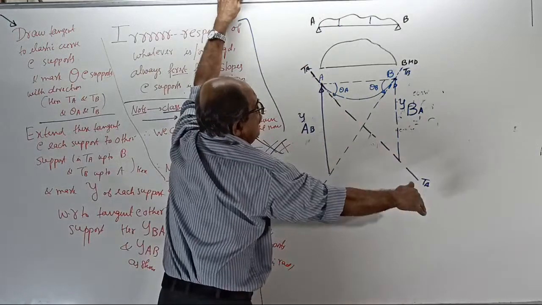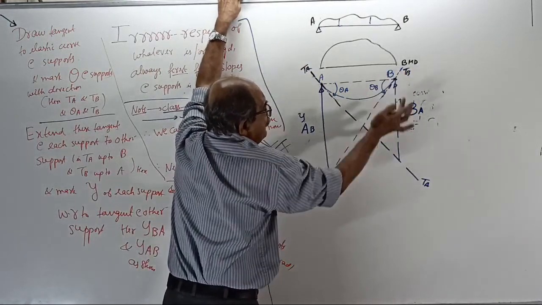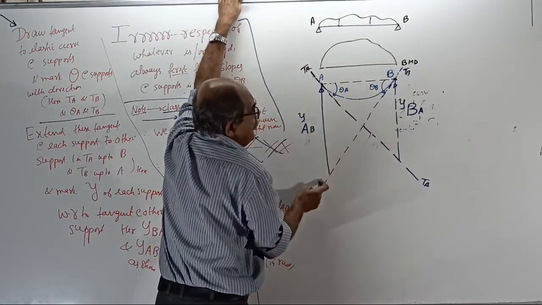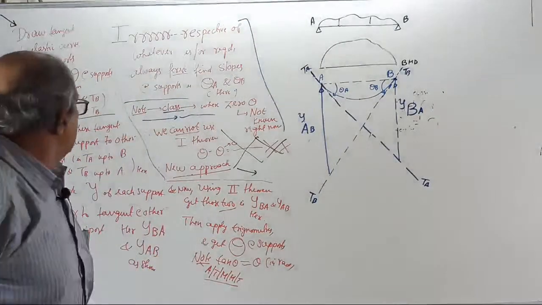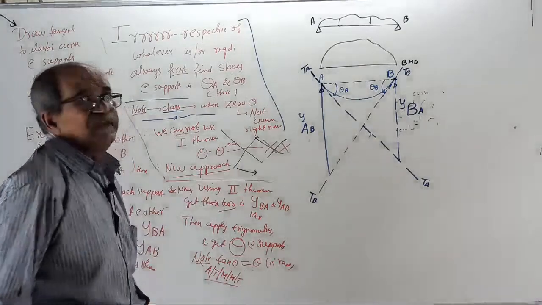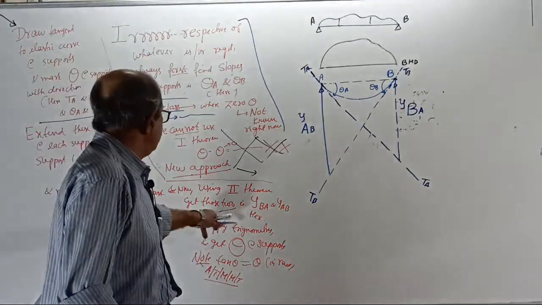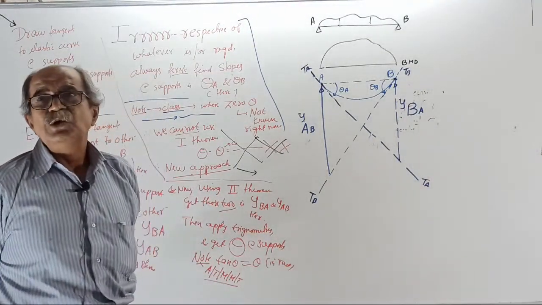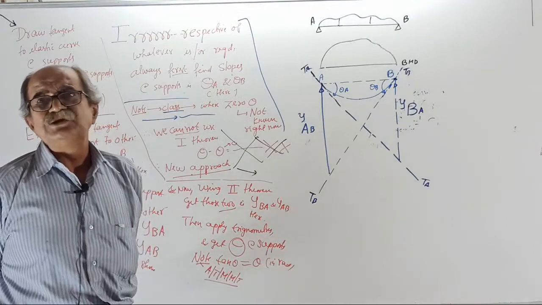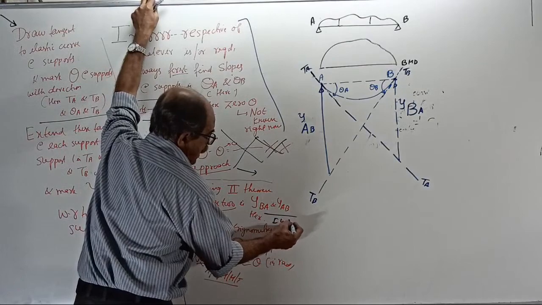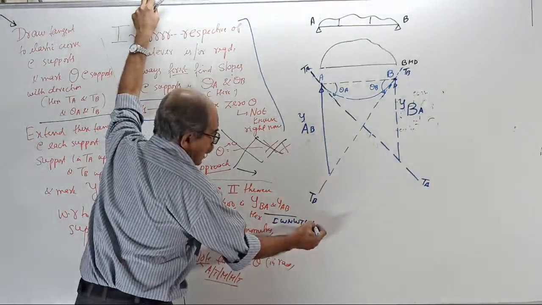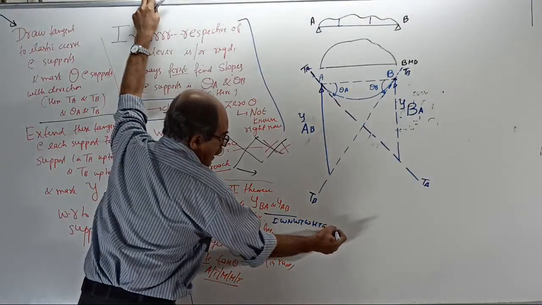Tangent at A extended, that is Y of B with respect to A; this is Y of A with respect to B, tangent at B. This much clear? Okay. Now, using second theorem, get these two values. No problem. I will not waste time writing how to get them, because the problem is coming up now.